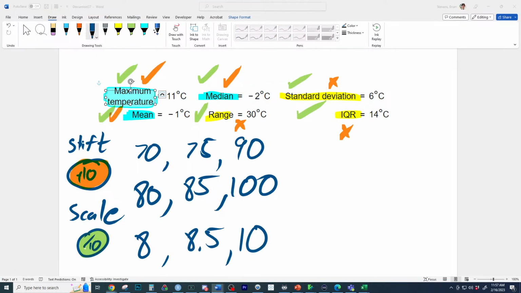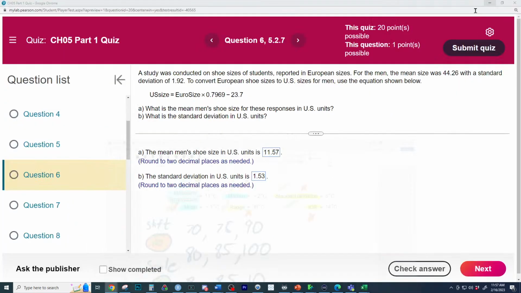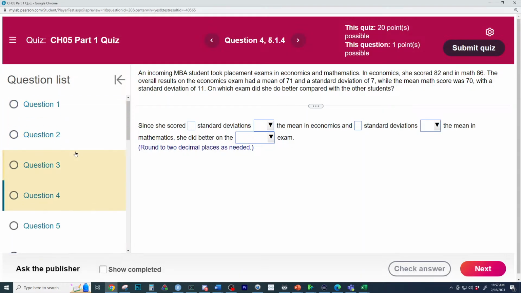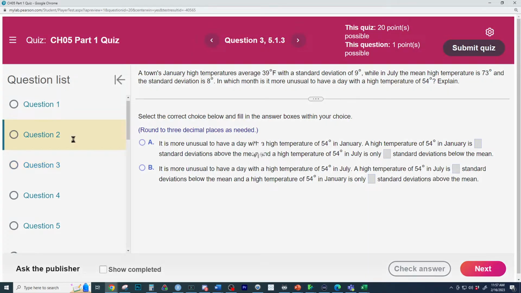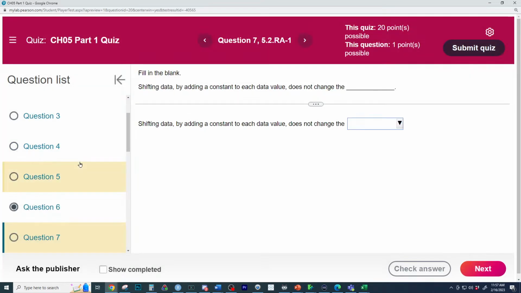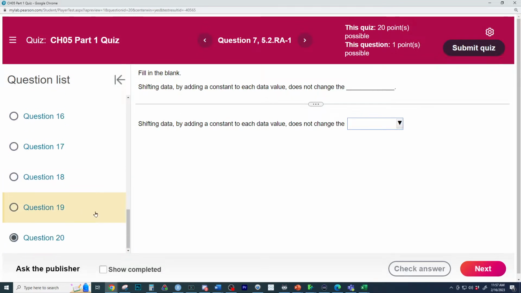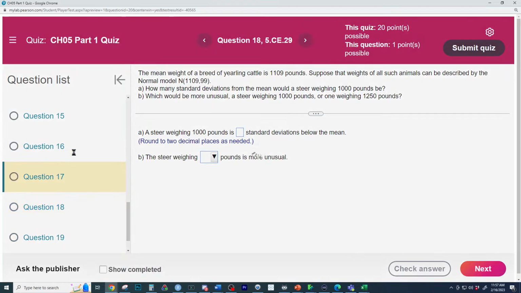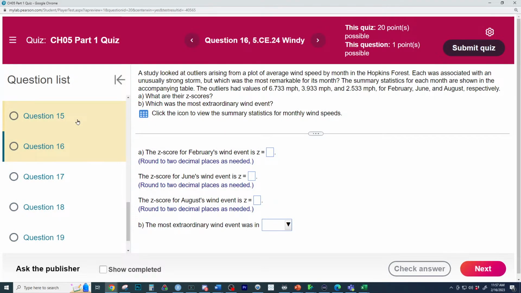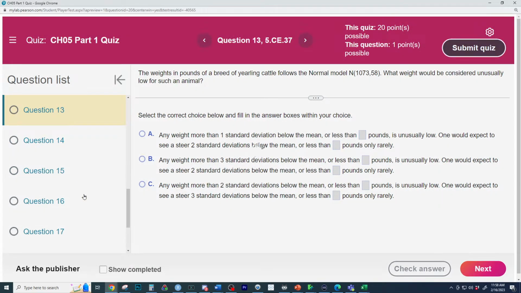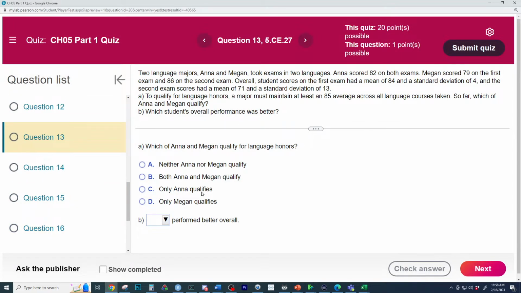So this problem right here, two language majors, Anna and Megan. Okay, here we go.